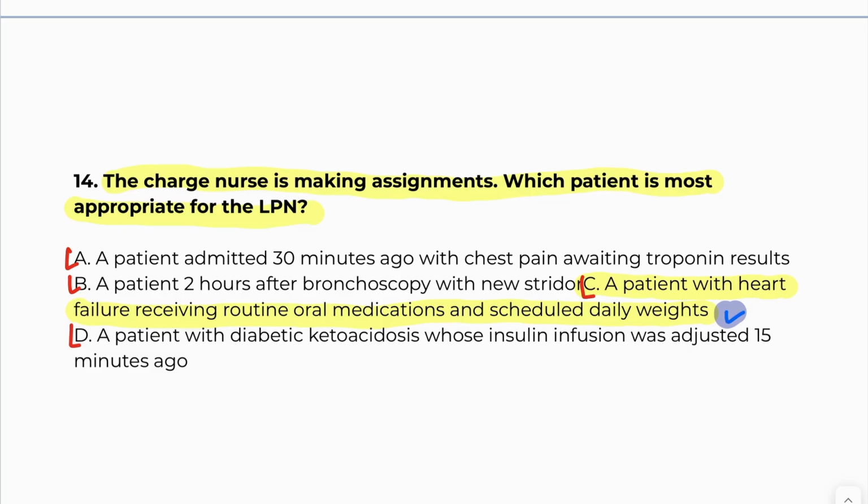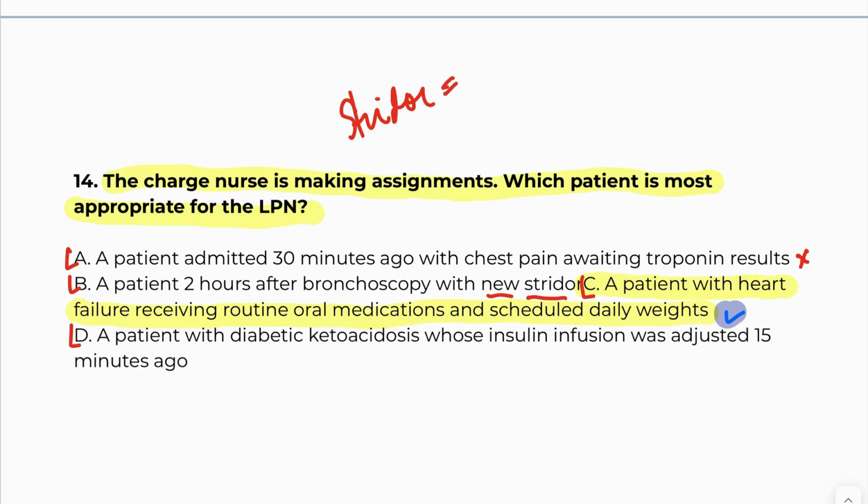Letter A is definitely incorrect because it says the patient had chest pain 30 minutes ago, and perhaps is still having chest pain, and the patient is just waiting for the troponin level, right? So we need to constantly monitor that. A patient 2 hours after bronchoscopy with new onset of stridor. The word new is a kicker there, but it doesn't matter whether it didn't say the word new. If it says stridor, what does stridor mean to us?